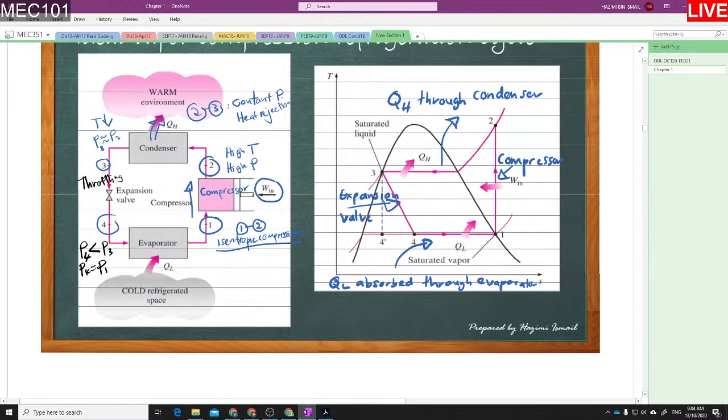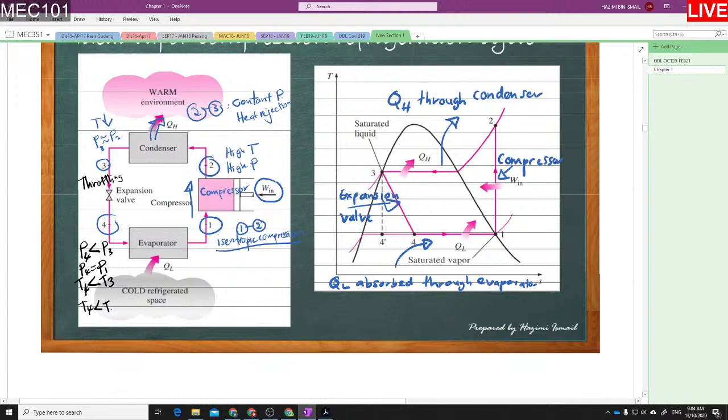Okay, so the temperature will also drop. So T4 is much lower than T3. T4 is the lowest temperature state compared to all 4 states.